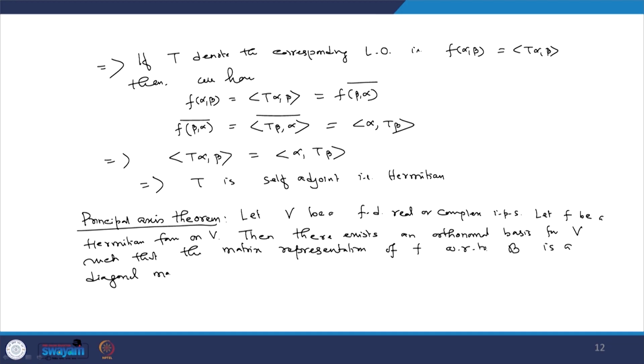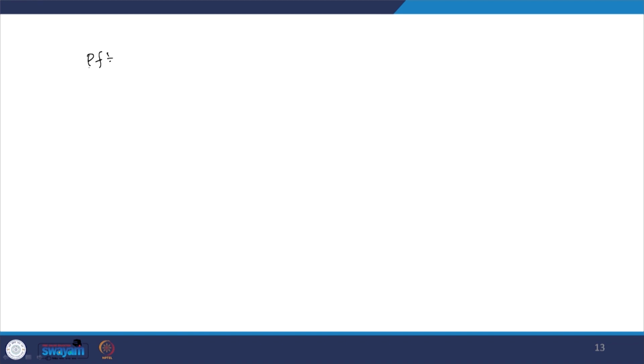Now, a matrix with real entries on the main diagonal. The proof of this result is basically an application of what we have already learned.